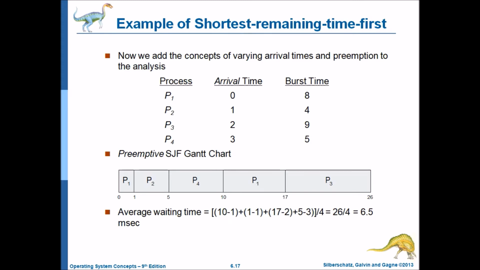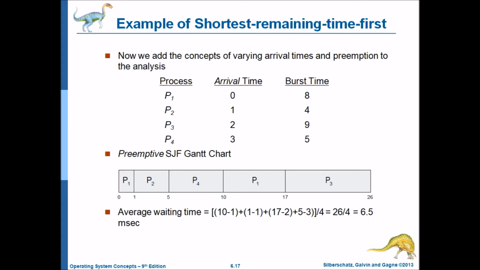At time 2, P3 arrives. At this point, we have P1 with 7 milliseconds, P2 with 3 milliseconds remaining, and P3 with 9 milliseconds. So the shortest job is P2, so it still continues the process.